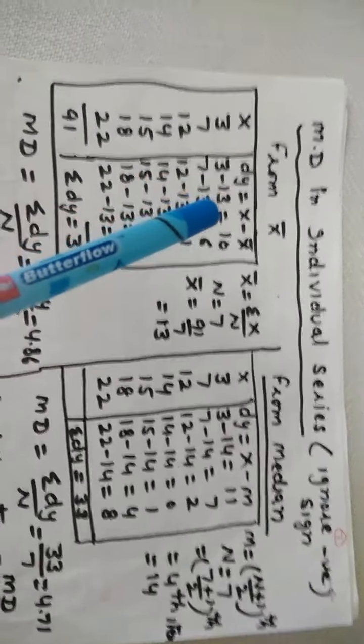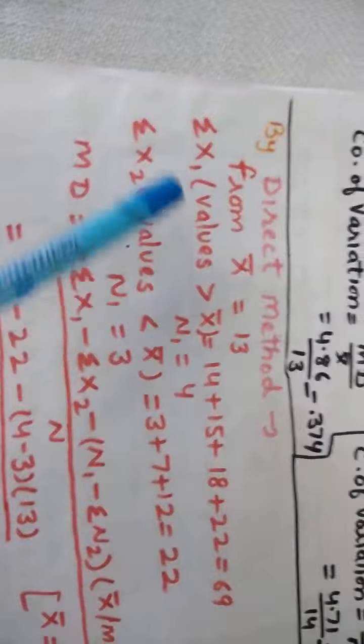If we use the direct method, first from the mean, in this series our mean was 13. Summation x1 means values greater than the mean in the given variables. Greater than 13 is 14, 15, 18, 22.